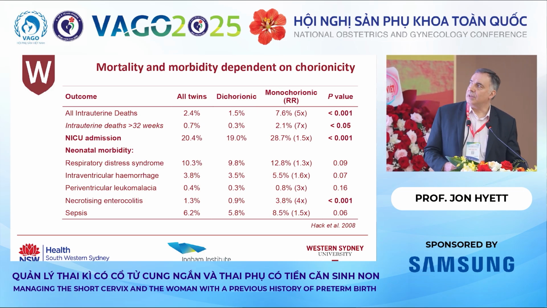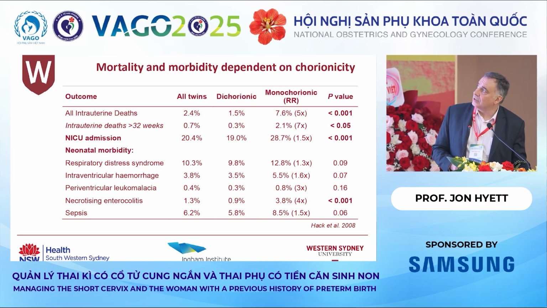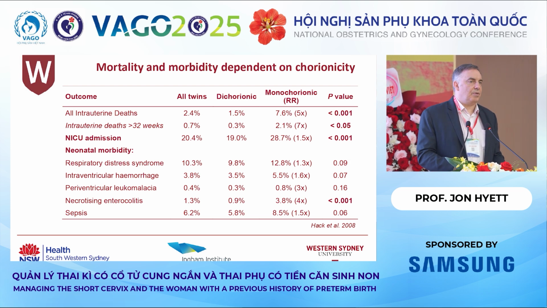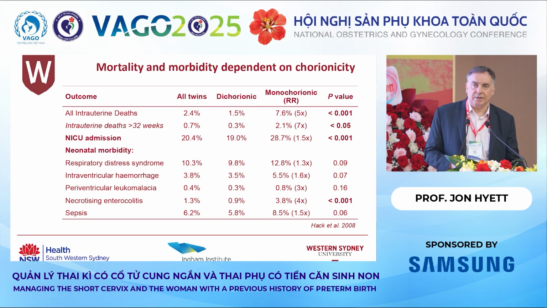If you actually look at the epidemiology of twinning, and there's not that many studies that do this, and separate the dichorionics from the monochorionics, then you can see that you have significantly higher risks in the monochorionics than you do in the dichorionics. And you can see actually the dichorionics are pretty similar to singletons in many aspects.